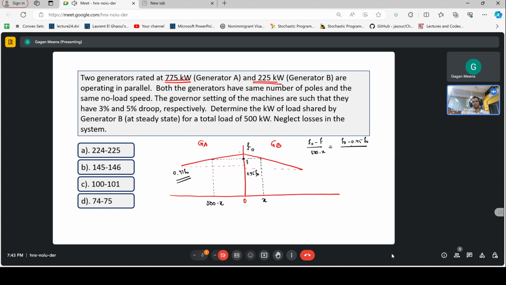So it is F naught minus F divided by X is equal to F naught minus 0.95 F naught divided by 225.